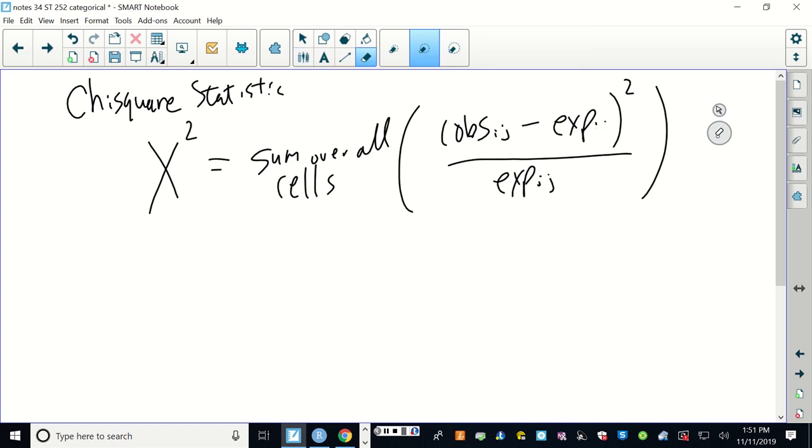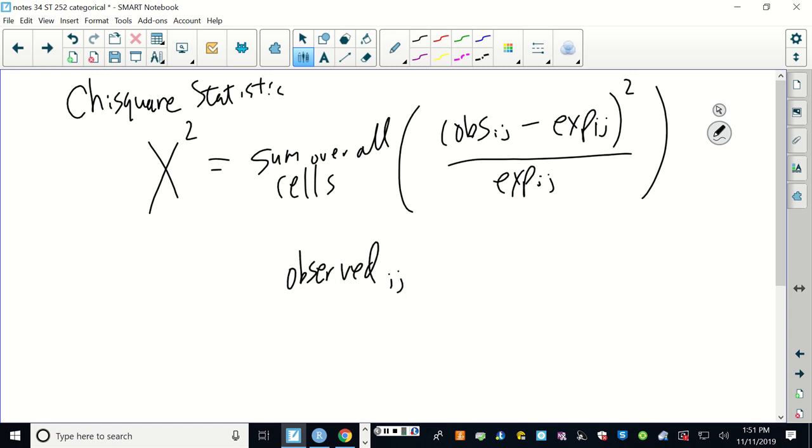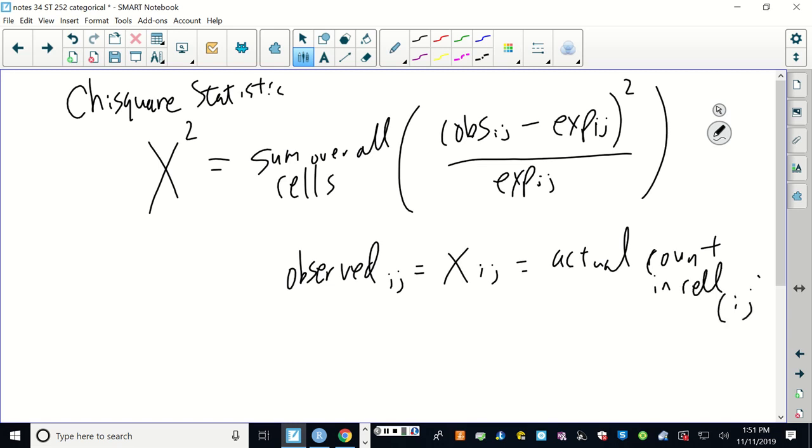This is a little j. Where the observed is the actual count that we get there, right, is our actual count that's in that cell, in the cell ij. Right?